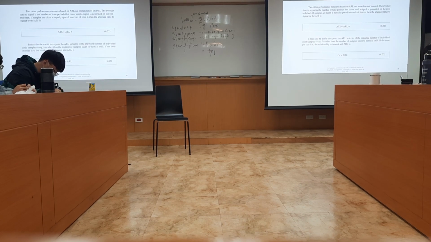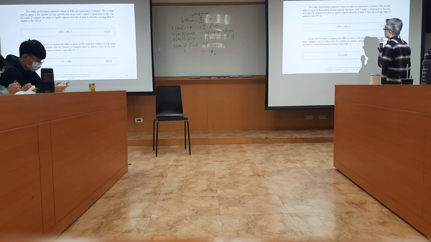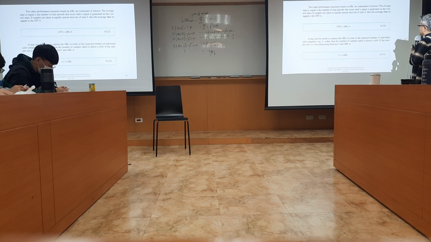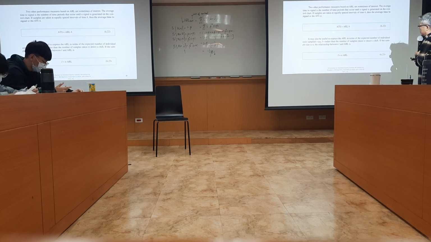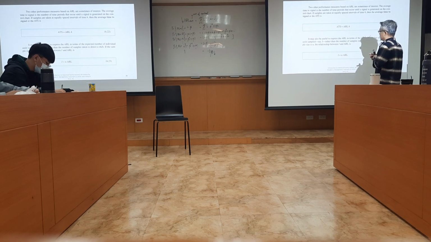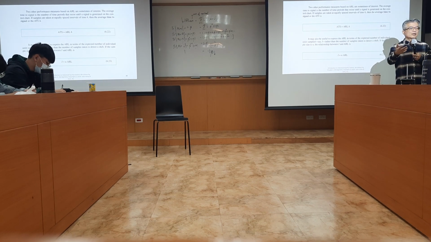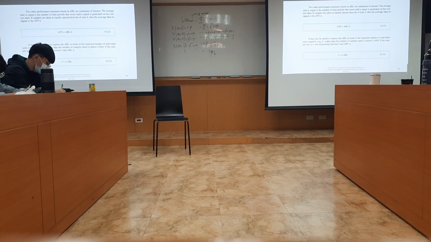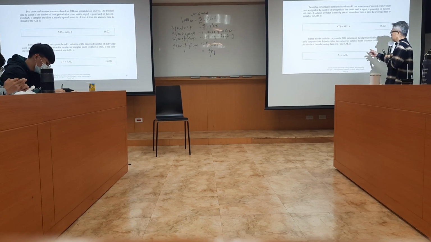So like that, I mentioned this is h. Another performance measure based on ARL, of interest, is the average time to signal. h is how long you take between samples, so it is h times ARL.